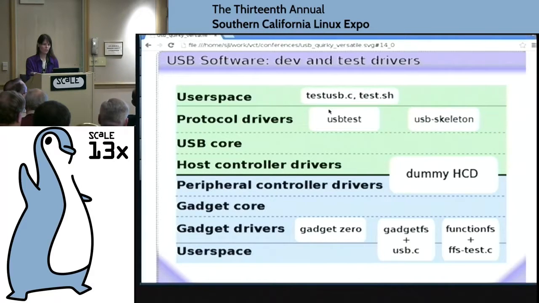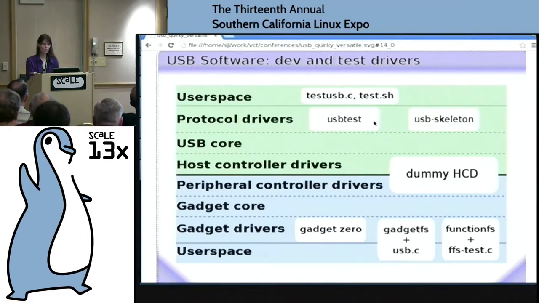Now, the driver that gets a lot of space in discussion on the linuxusb.org site is the USB test one. This one is good for testing your hardware. What you have is a little system for stress testing. It actually implements a number of different built-in tests that you can select among.